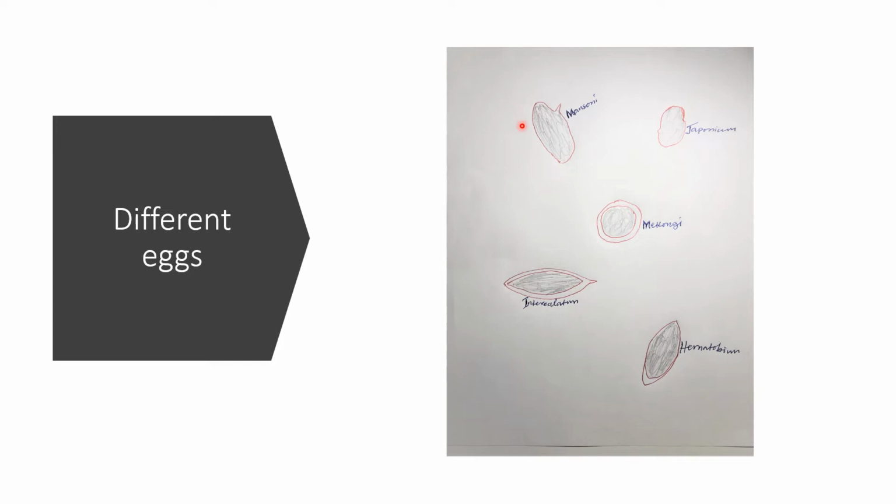In the case of Schistosoma mansoni, you could see where the spine is, lateral, right? While Schistosoma haematobium will have terminal spines. Then Schistosoma intercalatum, Schistosoma mekongi, and Schistosoma japonicum. So with the shape of the egg and the position of the spine, you can make a definitive diagnosis that you are dealing with a specific type here.